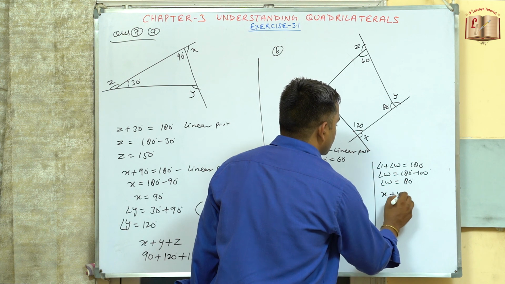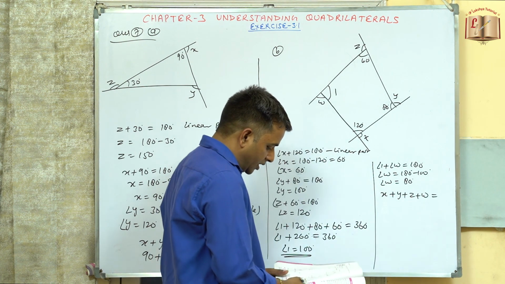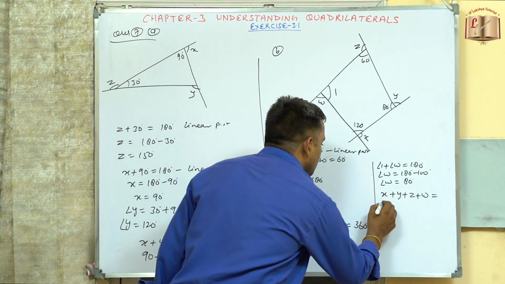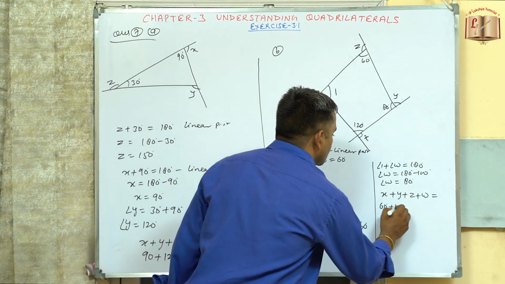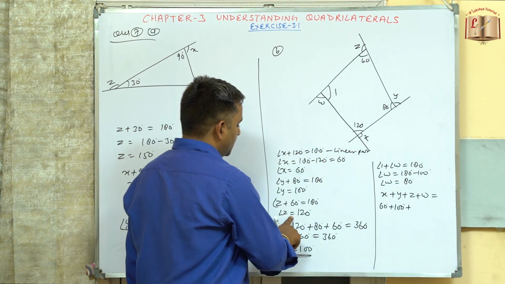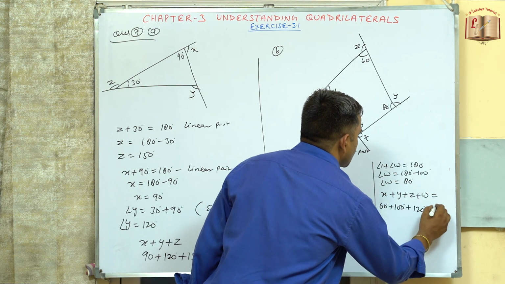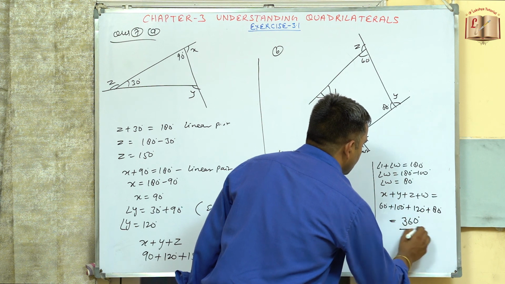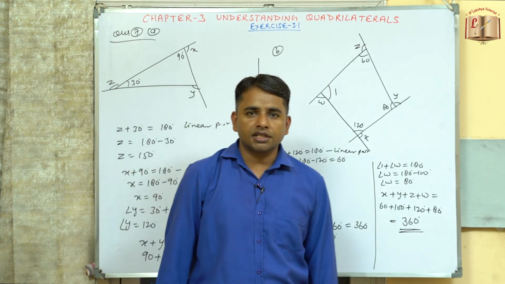So x plus y plus z plus w will be equal to, now we got x equals 60 degrees, plus y is 100 degrees, plus z is again 120 degrees, plus w is 80 degrees. So the sum of all this will be equal to 360 degrees. So with this we have finished our exercise 3.1.